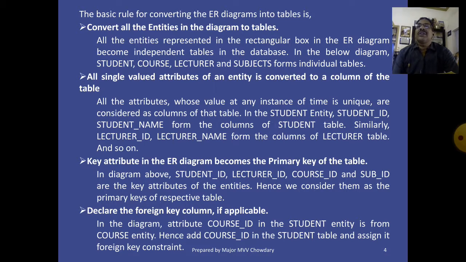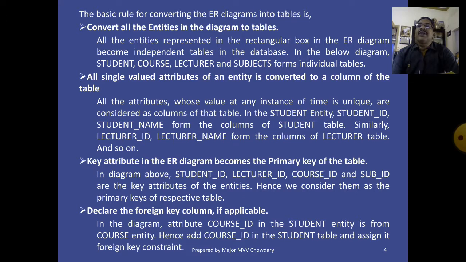In the diagram above, student ID, lecturer ID, course ID and subject ID are the key attributes of the entities. That means these all attributes are primary keys in the respective tables.